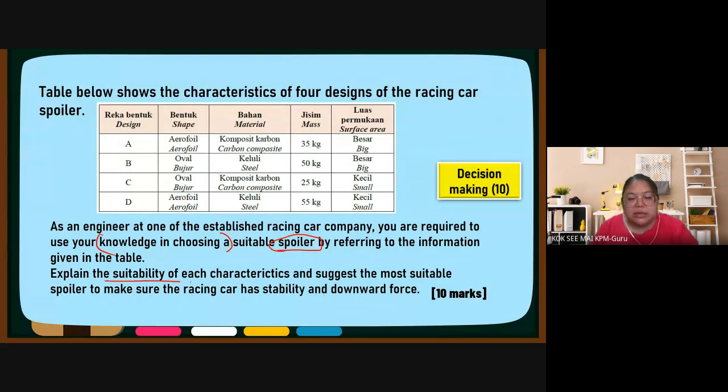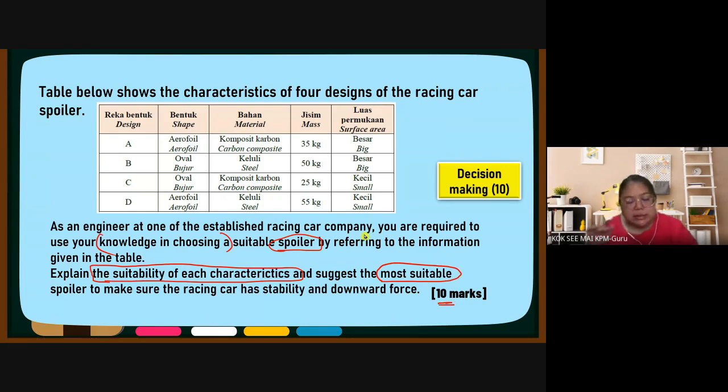Explain the suitability of each characteristic. So for each characteristic you chose, you have to explain. After that, suggest the most suitable; only at the end do you choose which one you want. So this question is 10 marks, and we call this an essay question.